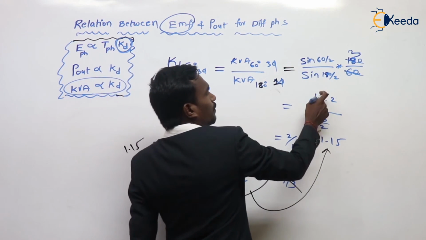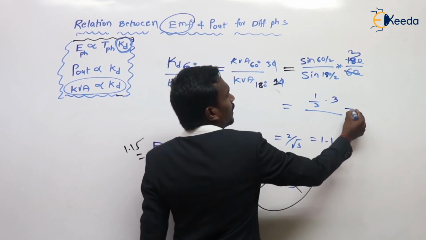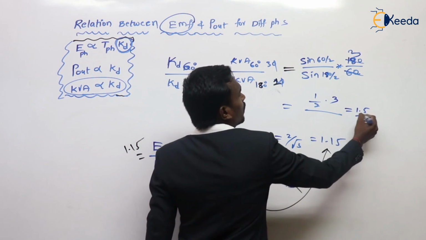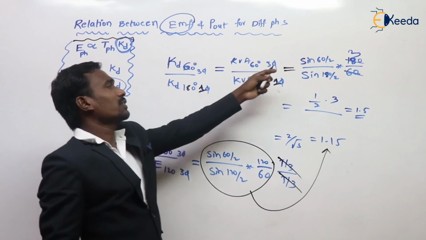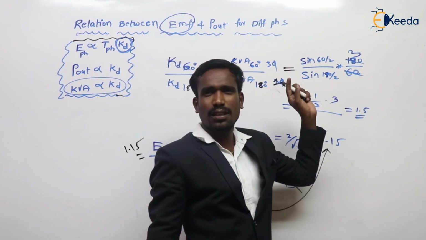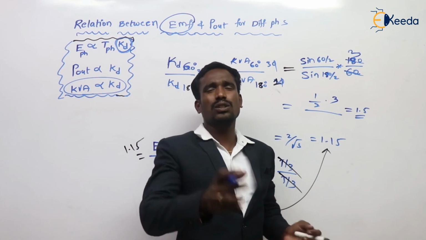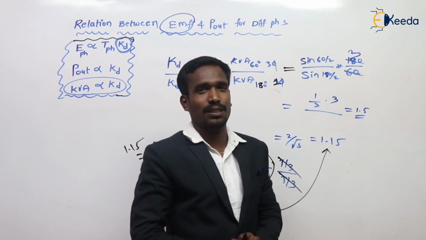So sine 30 is 1 by 2 and this is 3 and this is 1, so 3 by 2. 3 by 2 is nothing but 1.5. If they give 60 and 180, then sine 60 by 2, sine 180 by 2, and here reverse. Like that, they may ask you questions on relations. Very important. Thank you.